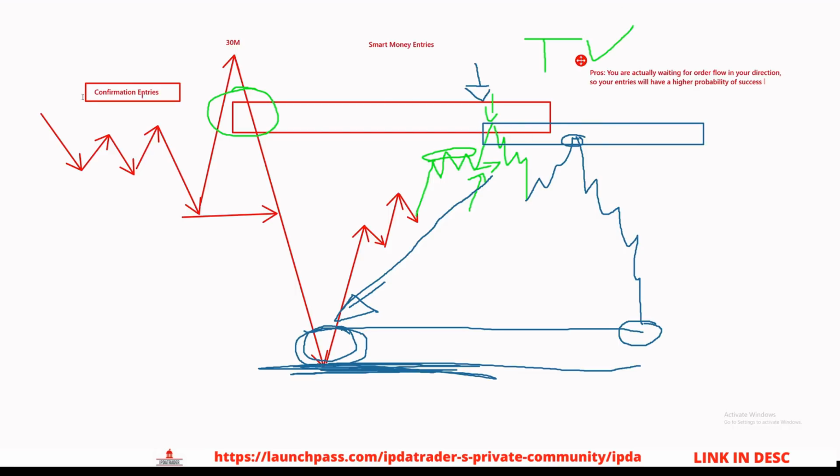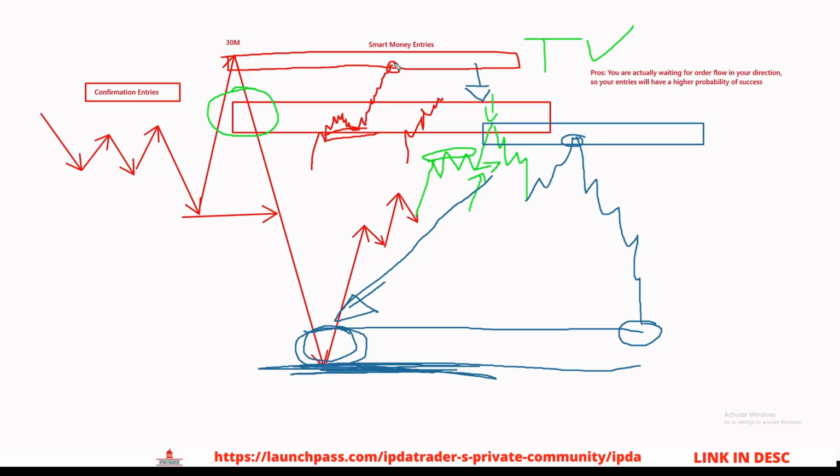Because you've waited, right? If you were to take a risk entry and price decided to blow through this area because it's looking for this one over here, then you would have got stopped out. Now, if you didn't do that and you wanted a confirmation, let's keep that POI on top, if price just moved up, maybe retraced, but never really broke any sort of order flow, it continued pushing up, guess what?